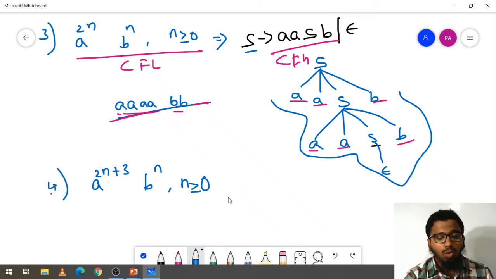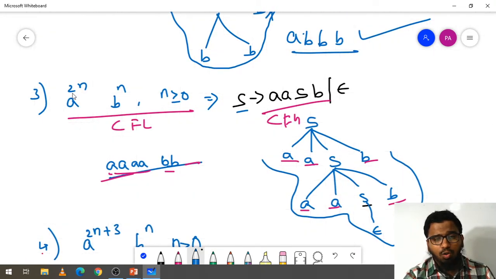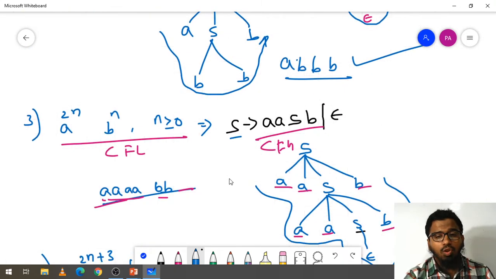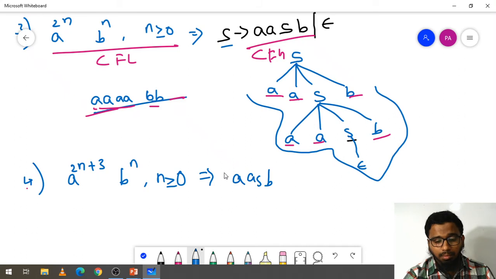Whenever we have this, as I told you, for multiplication like 2n, you must take directly AA, and if we have the plus, we take that for B. First, as it is, A A S B, because we know a^2n b^n.